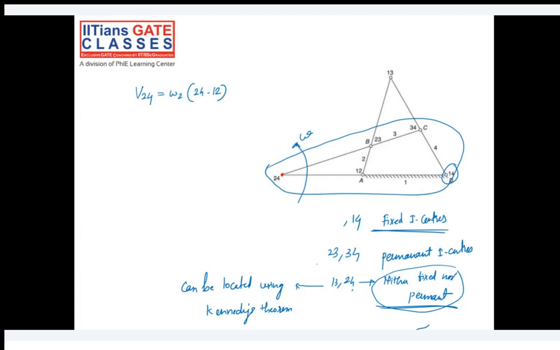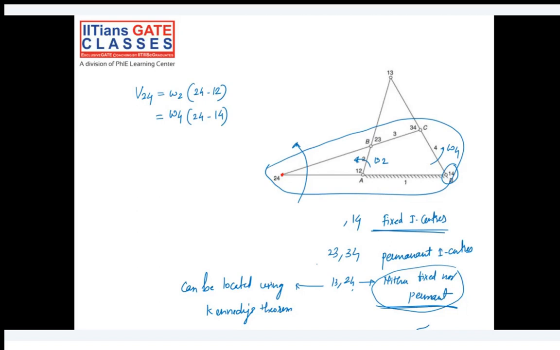So this particular link rotates with omega 2 and this link rotates, let's say, with omega 4. Can I write it like this? Velocity of 2 4, either I can write it as omega 2 times the 2 4 to 1 2 distance, or omega 4 times the 2 4 to 1 4 distance.